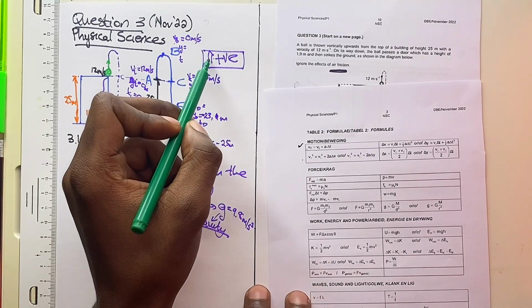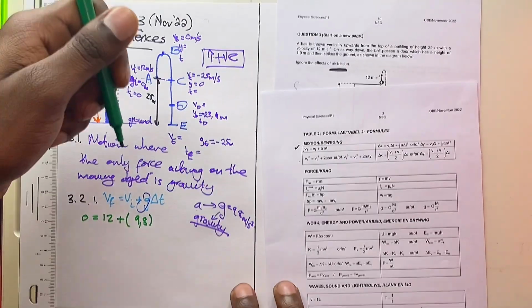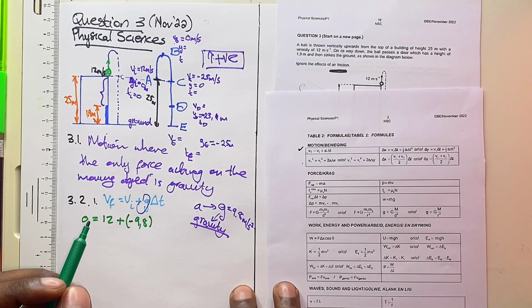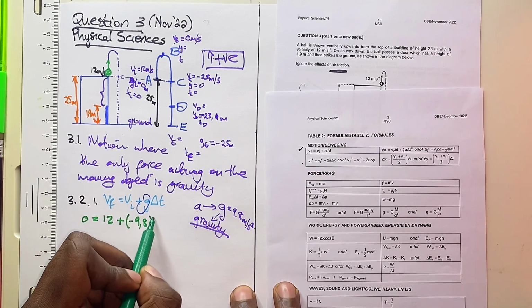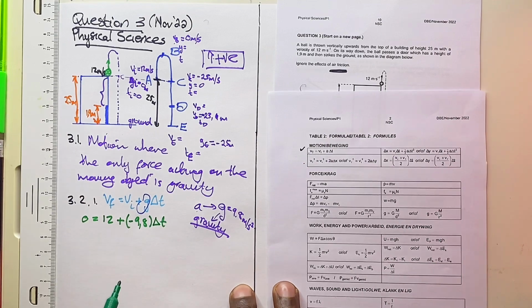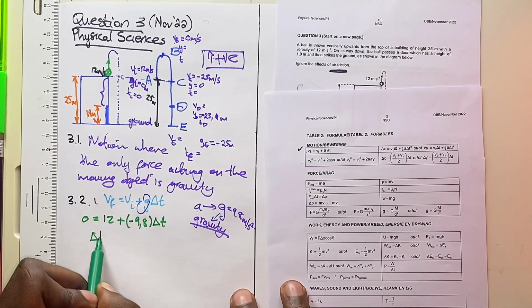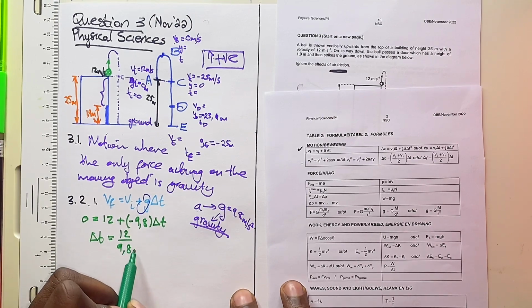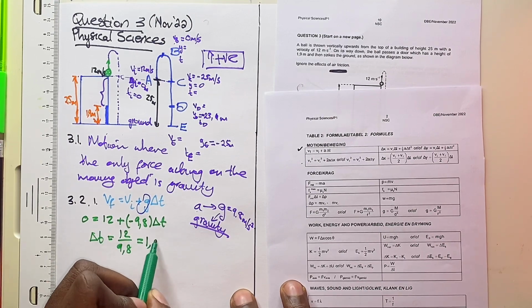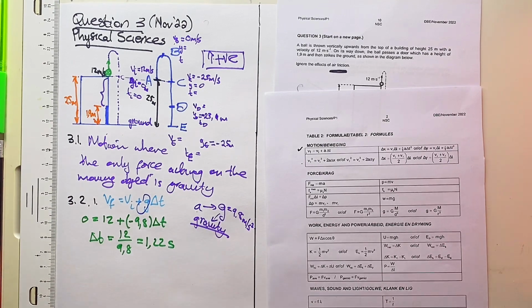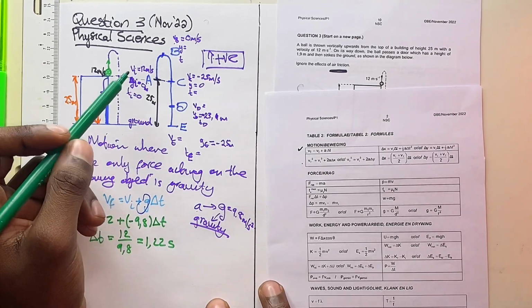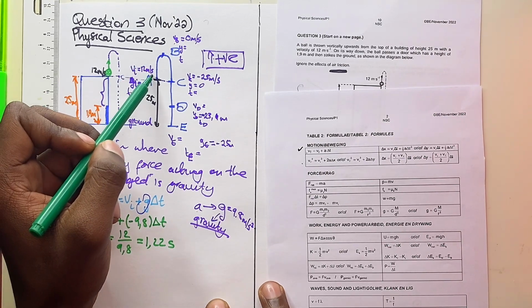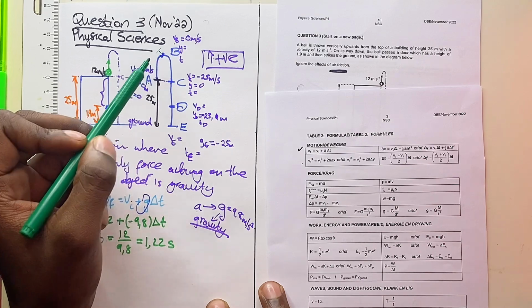But we said up is positive, and you know that gravity acts downwards, so our acceleration here will be negative. For delta t, that is what we are calculating. All we have to do now is solve for t, which will be 12 over 9.8, and you'll get that it is 1.22 seconds. So that means it took our ball 1.22 seconds to go from A all the way to its maximum height.